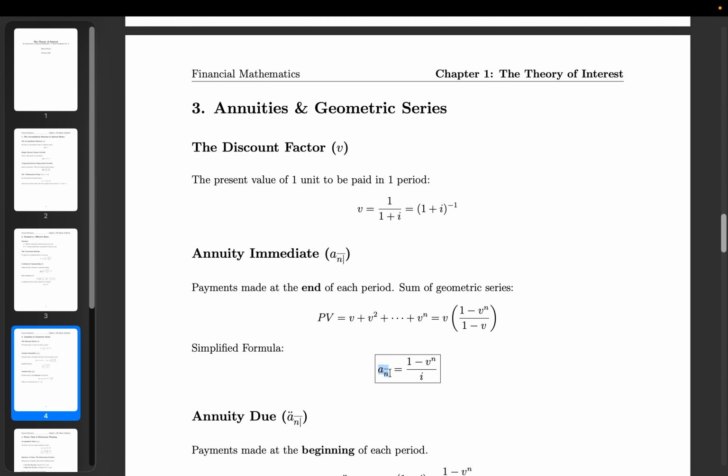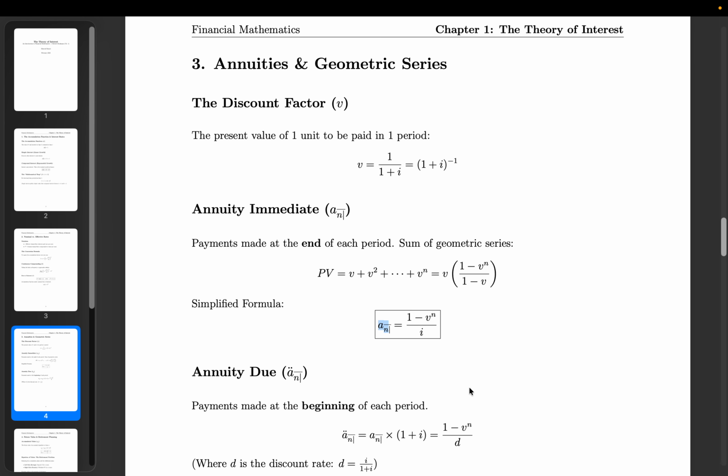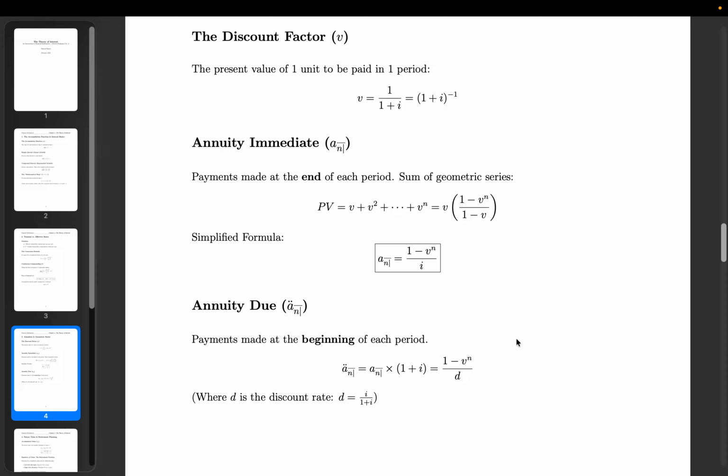Immediate sounds like it means right now, but in financial terms, it strangely means payments happen at the end of the period, like a standard loan payment. And then we have an annuity due, or a double-dot angle n. The relation between them is simple but critical.